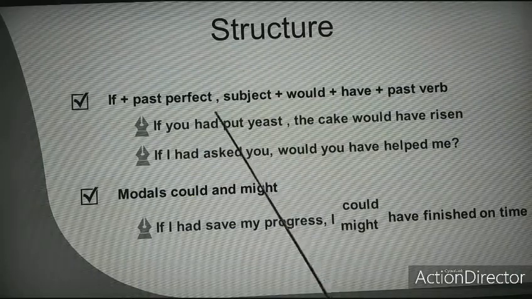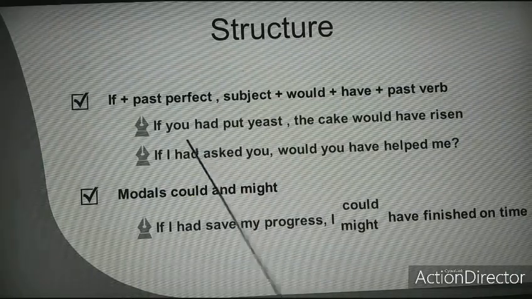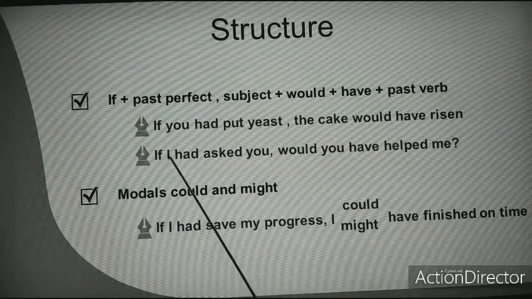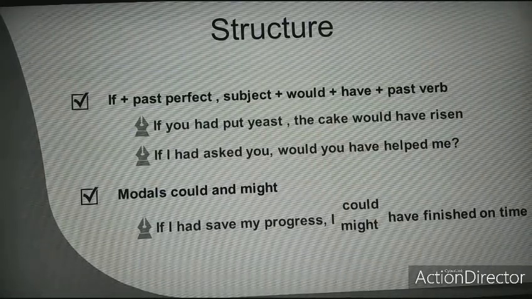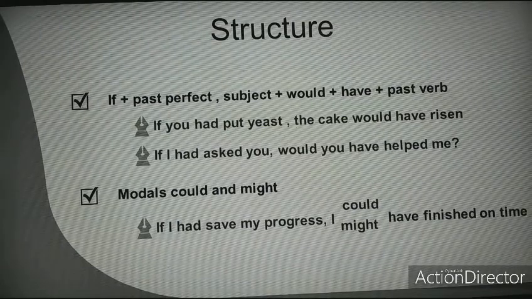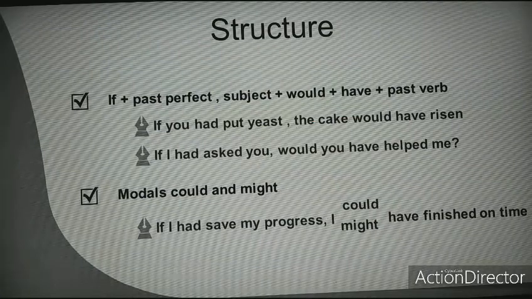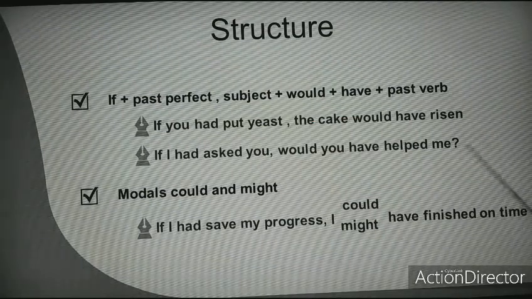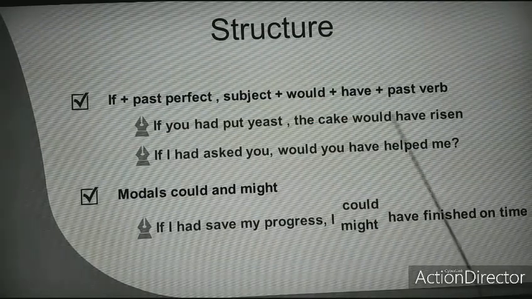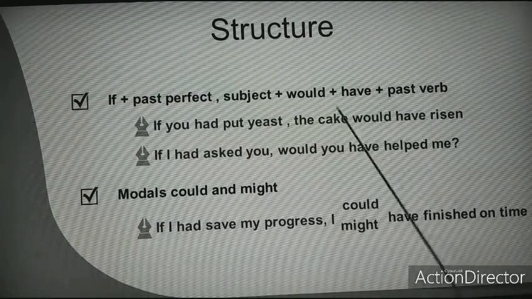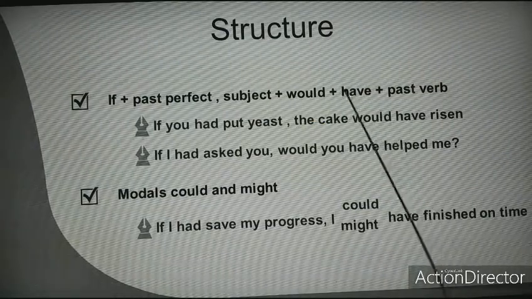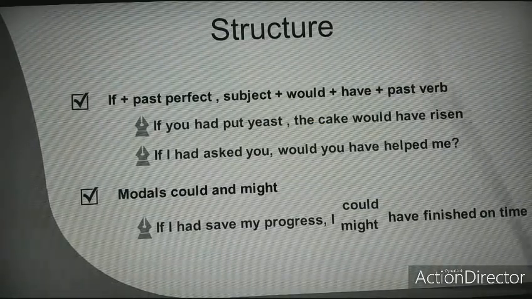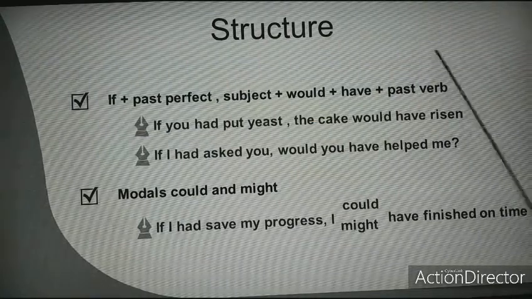We have another example. If I had asked you, would you have helped me? Remember that it can be a negative or a positive sentence, and also a question. The structure is going to change depending on whether the result is negative, positive, or a question.